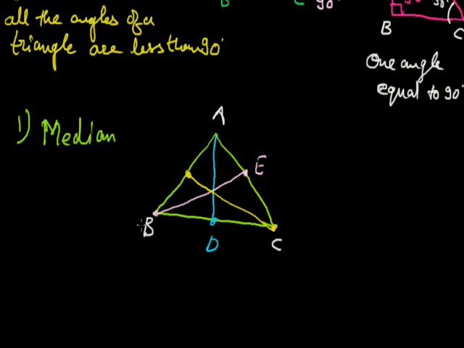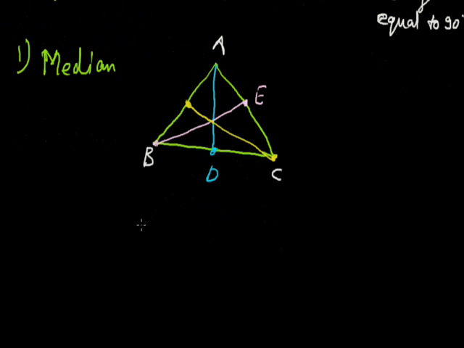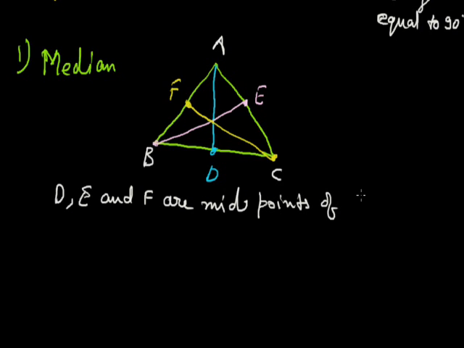So we can say a triangle has three medians. Here D, E and F are midpoints of the sides of triangle ABC.